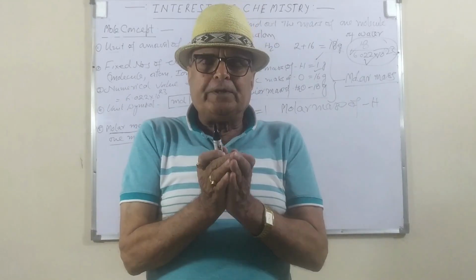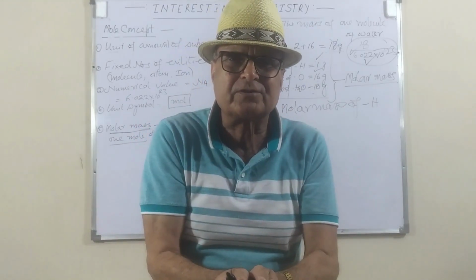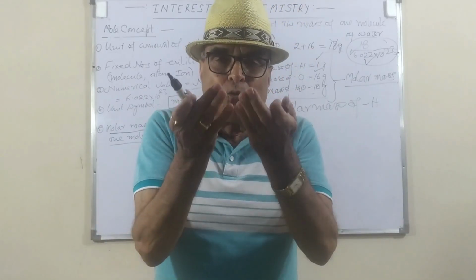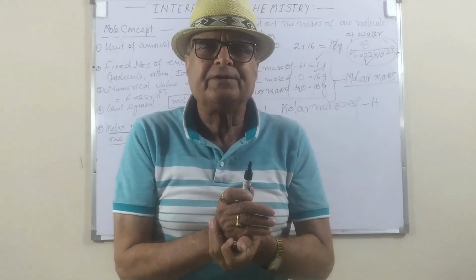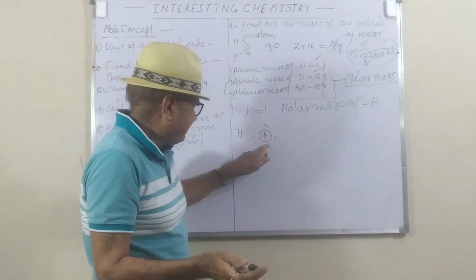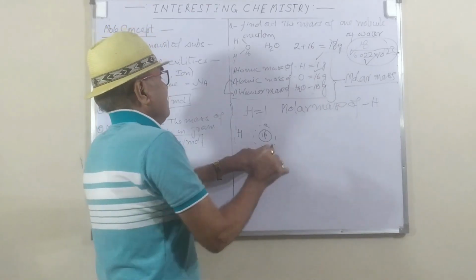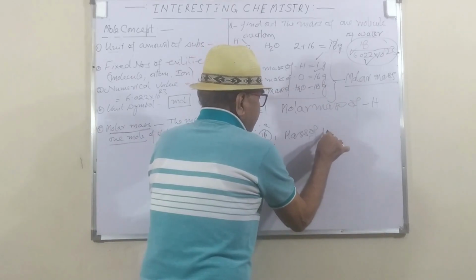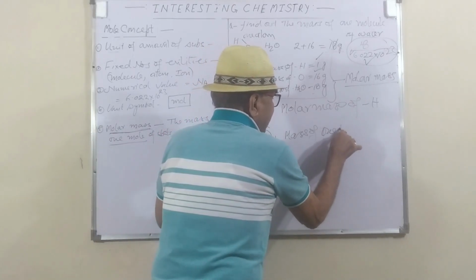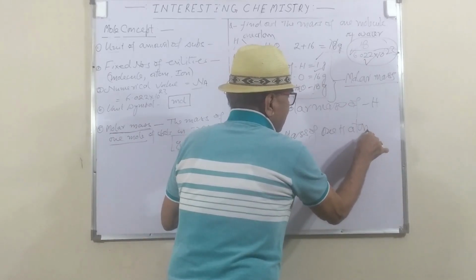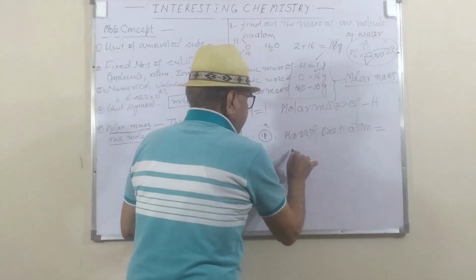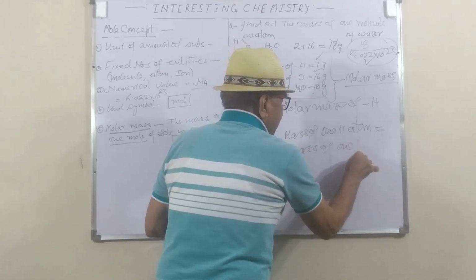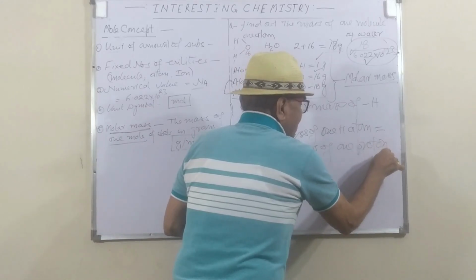The weight of the electron is too little to count. So the mass of hydrogen will be equal to the mass of the proton. Mass of 1 H atom will be equal to the mass of 1 proton.